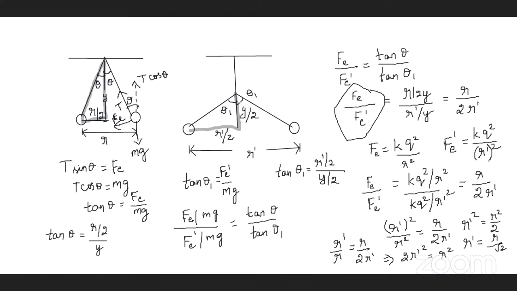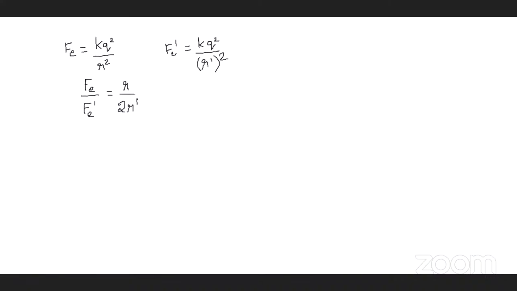So now we have to apply this Fe and Fe prime in this equation. That is k q squared by r squared whole divided by k q squared by r prime the whole square equal to r by 2r prime.